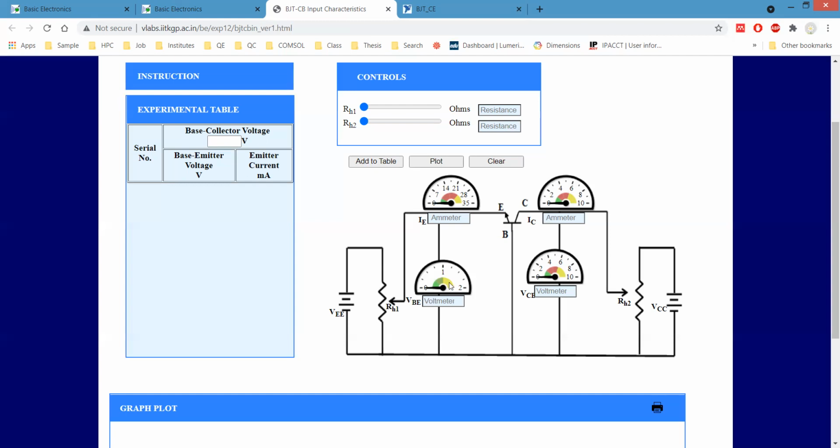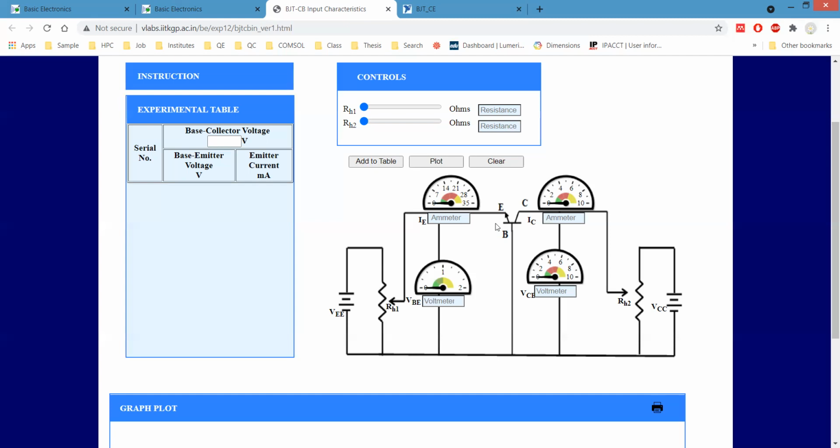So from here we can see the variation of this VB. In the output there are also two meters. One is to measure the collector current, another one is for the collector base junction potential.